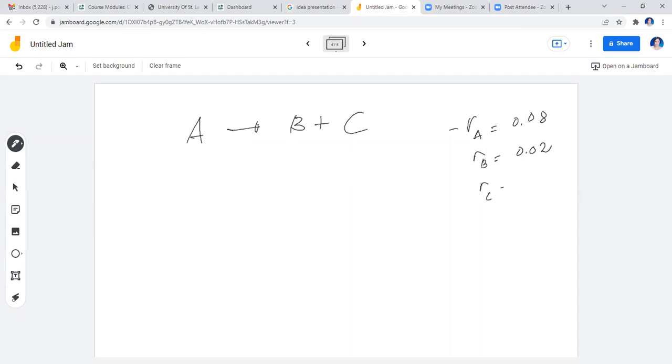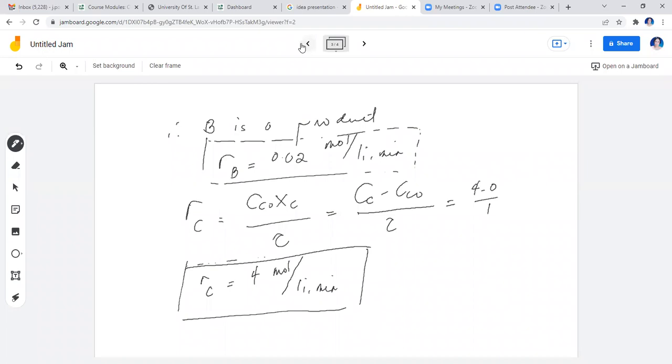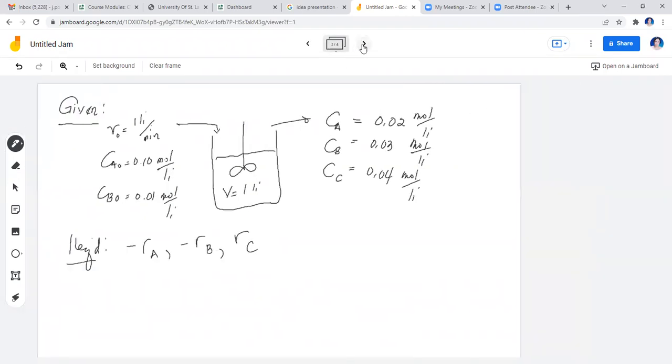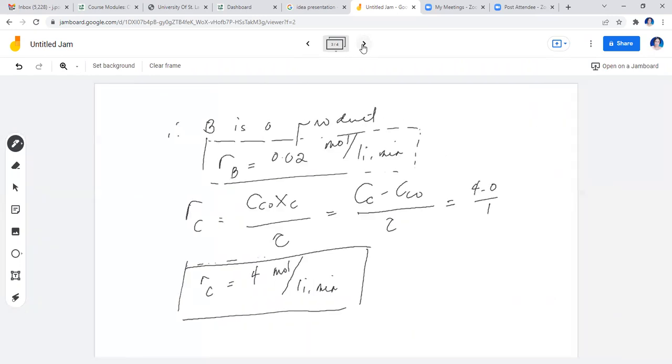And R sub C, is it 4 or 0.04? It's 0.04. Sorry, I was wondering why it's a whole number. The others are just decimal. So I write it here.